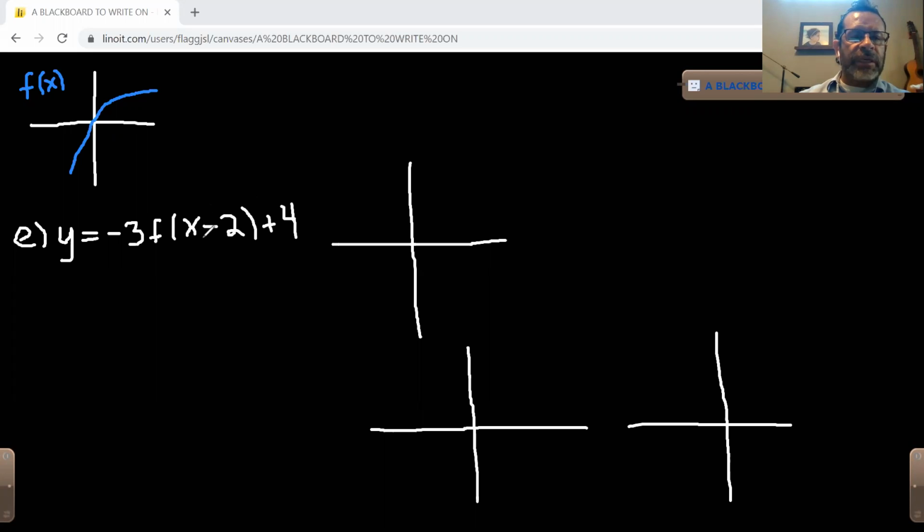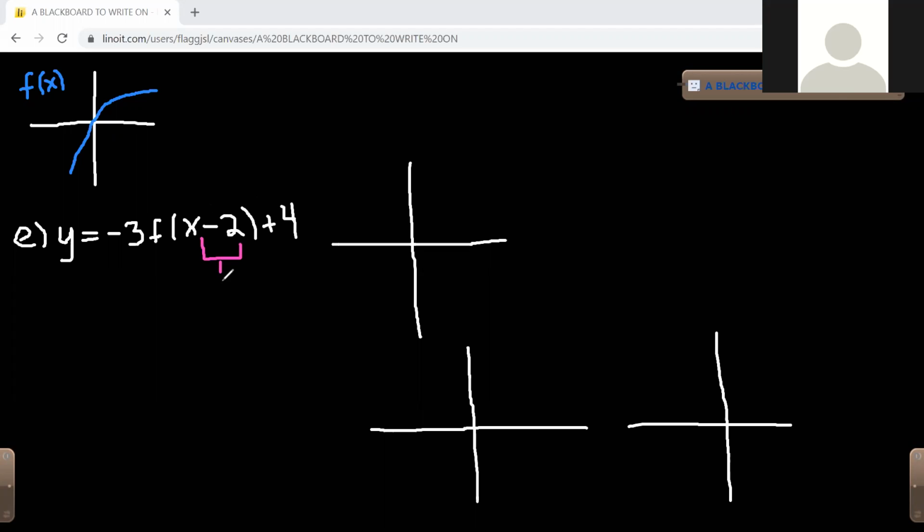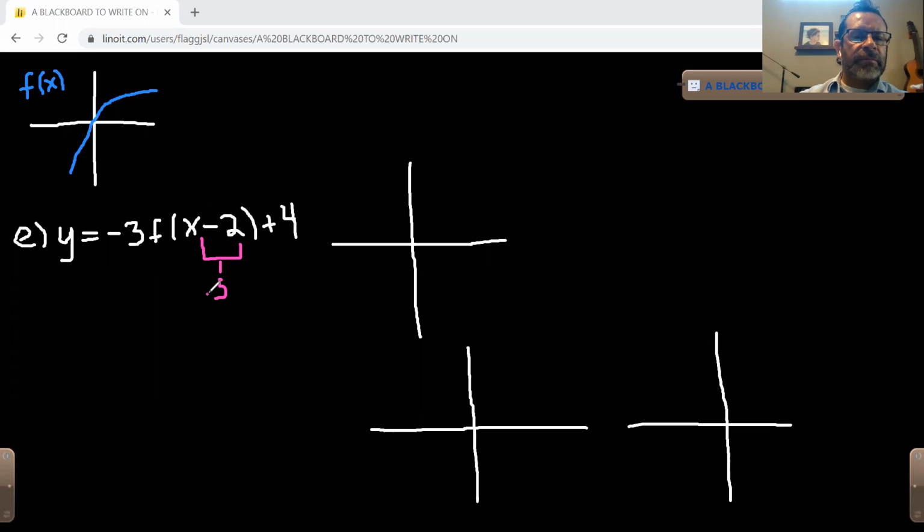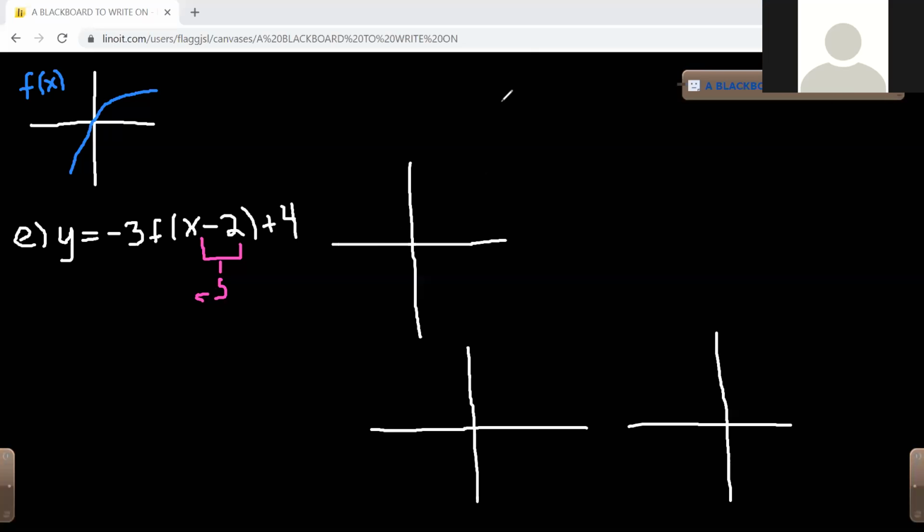The first thing we see here is a minus 2. What is the minus 2 going to create? A shift to the left. Perfect. Nope, not to the left.